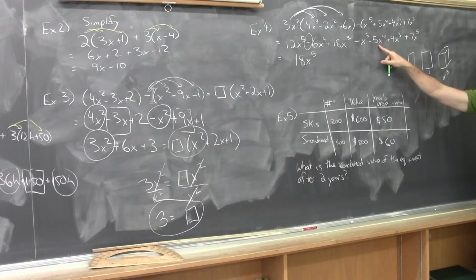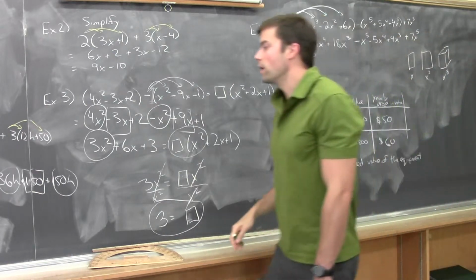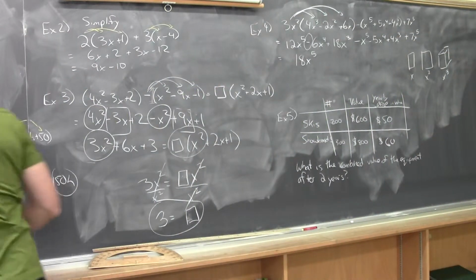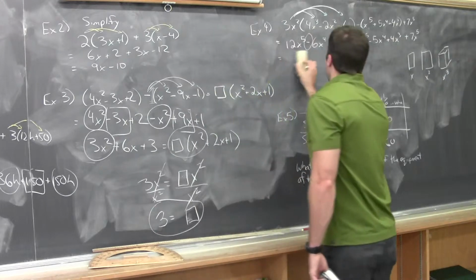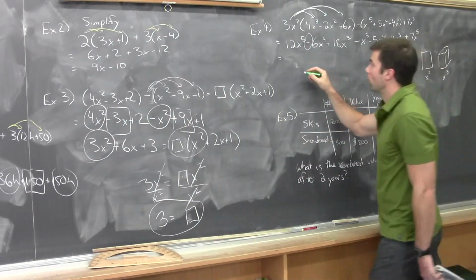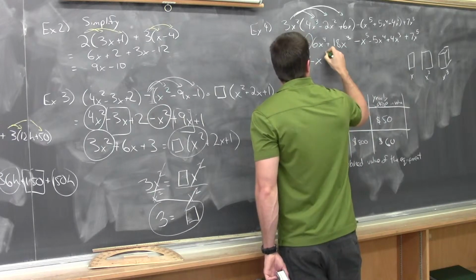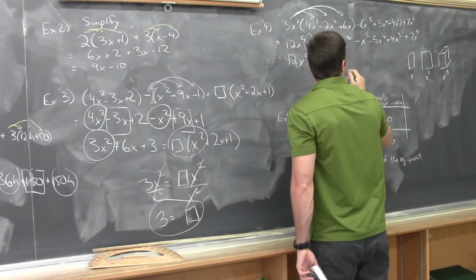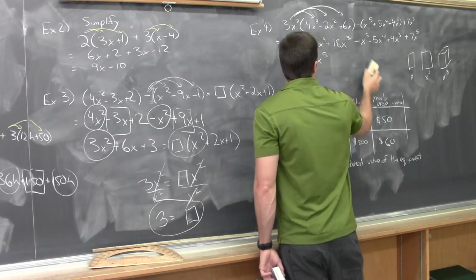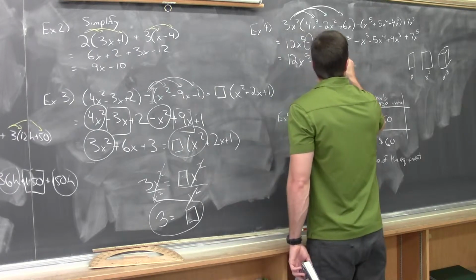If it helps you guys, we can rewrite it. We'll do one more step without skipping steps. So here we're going to write it out. We go 12x to the 5. All I'm doing is bringing all of the same exponents together, putting them in order.